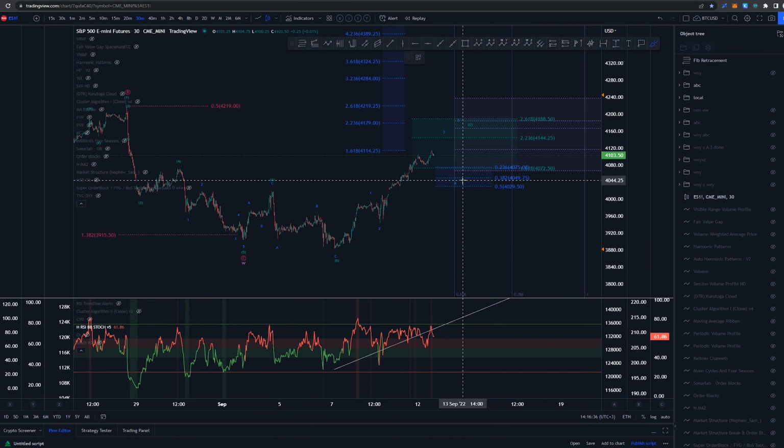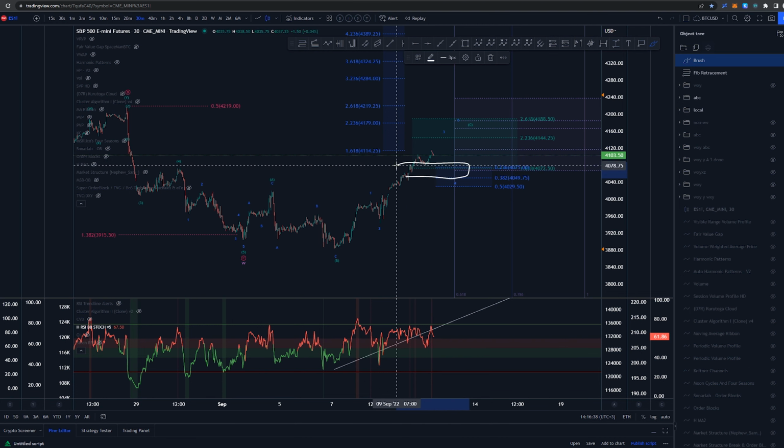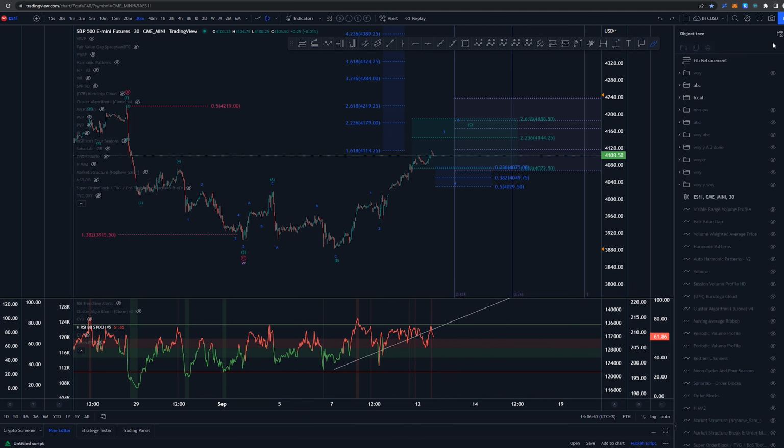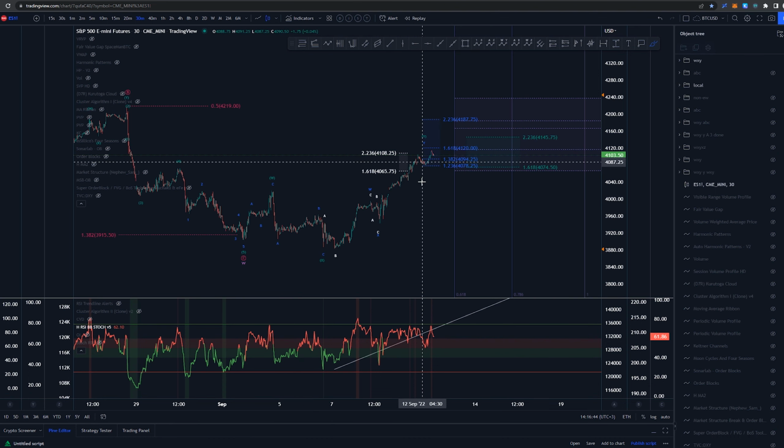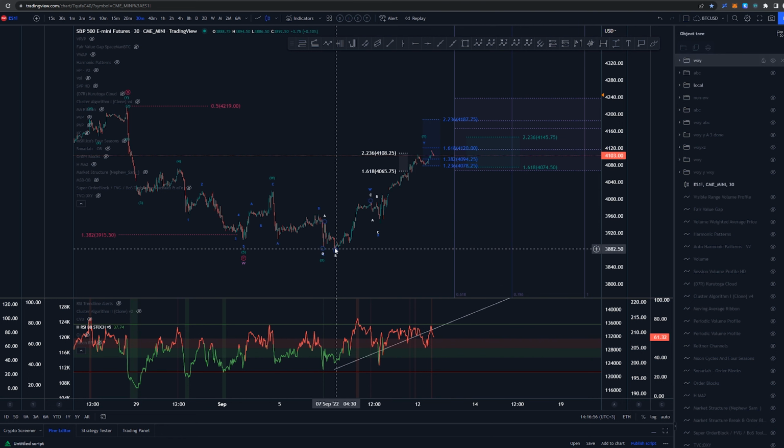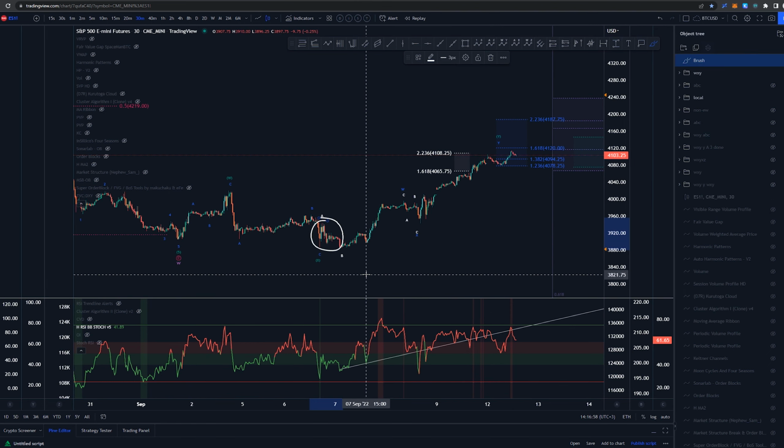But again, if we are taking out these areas here, then we could be turning into the other count, in which we would be looking at this as a completed structure as a WXY. Instead of W, I feel like this is very hard to put into account, because this structure here does not really make sense to me.